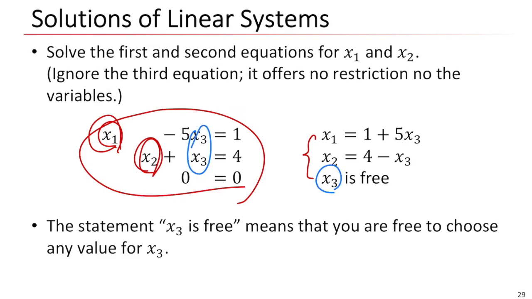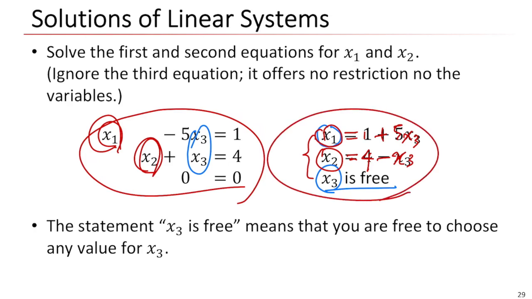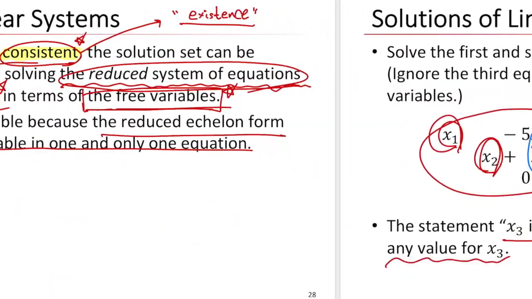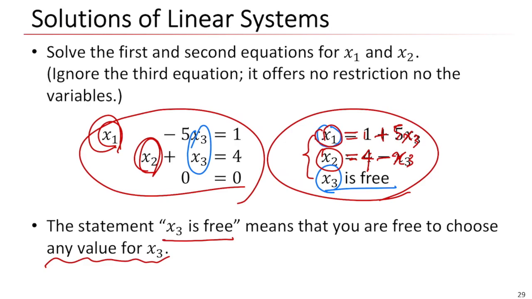So x3 is free, and x1 is equal to 1 plus 5 times x3, and x2 is equal to 4 minus x3. In this case, the statement x3 is free means that you are free to choose any value for x3, right? So this is the concept of basic variables and free variables.